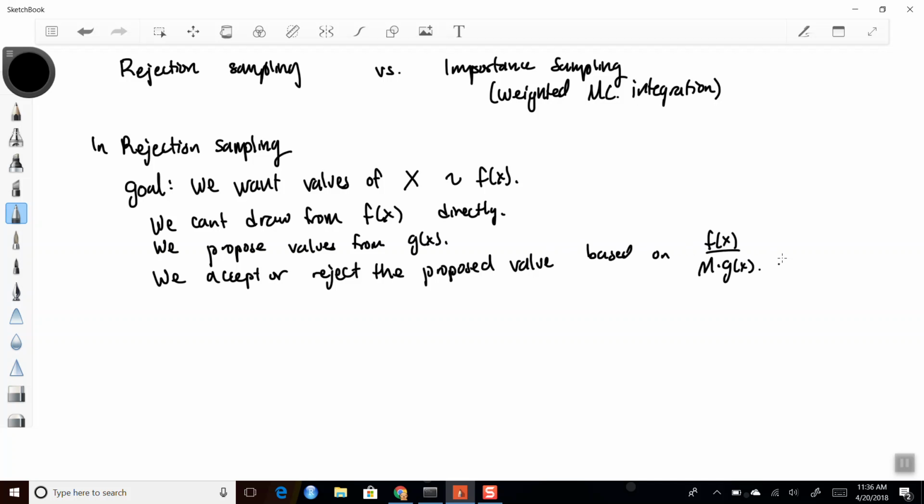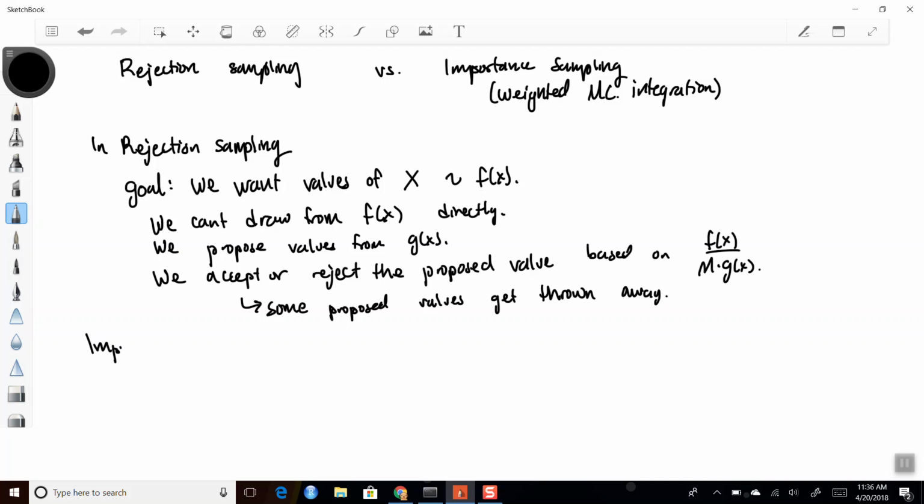So that means some proposed values get thrown away.